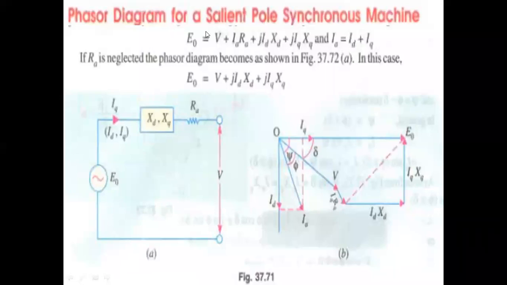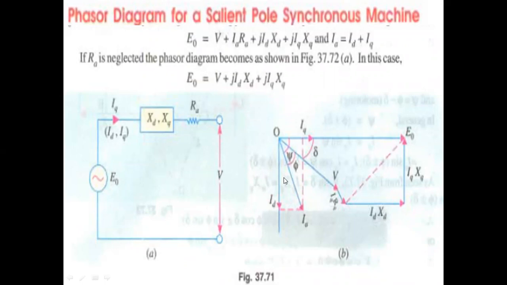So E naught is equal to V plus IA RA plus J ID XD plus J IQ XQ. If RA is neglected, the phasor diagram will become like this.